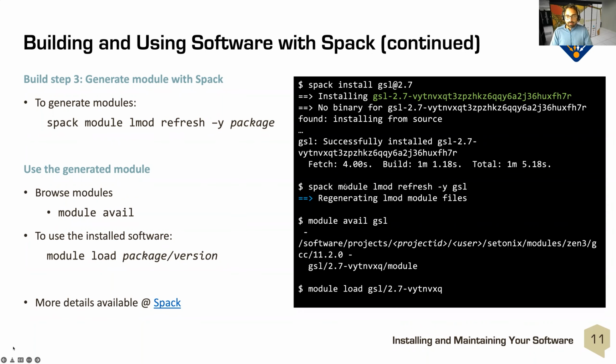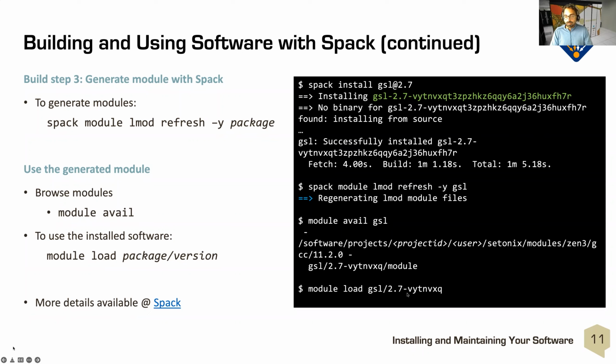And the idea would be to then run spack module lmod refresh. You don't have to have the -y, but this says, yes, please rebuild GSL, and it will then construct a module in the appropriate space for you. If you then use that path, you could then module load that particular module. It's always got an extra little hash to it.